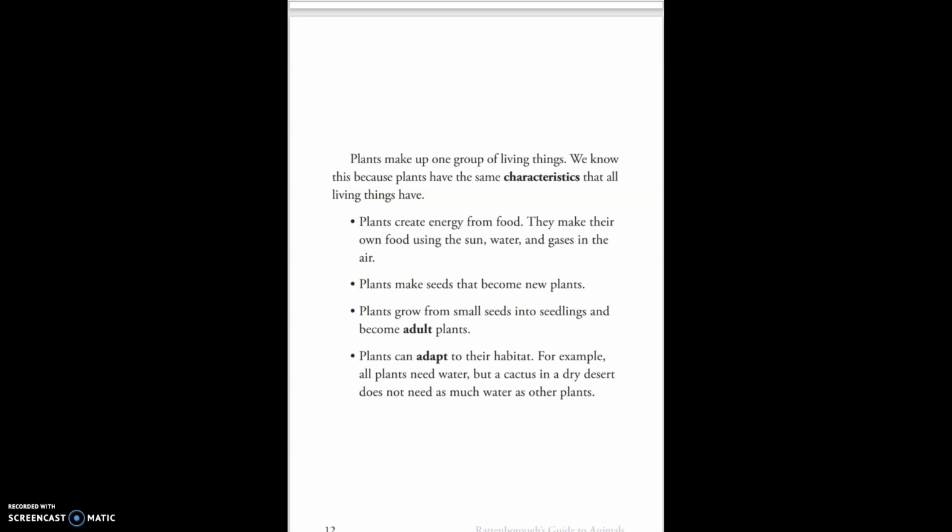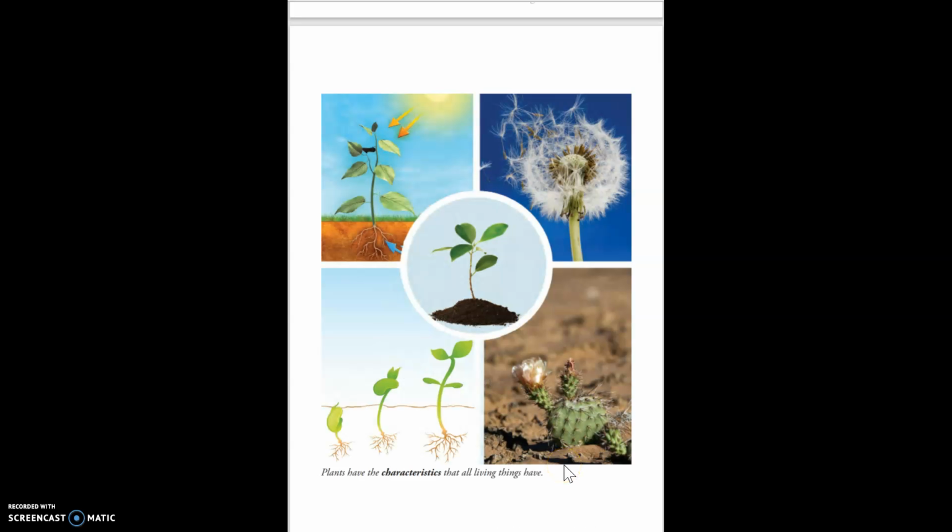Plants make seeds that become new plants. Plants grow from small seeds into seedlings and become adult plants. Plants can adapt to their habitat. For example, all plants need water, but a cactus in a dry desert does not need as much water as other plants. Here's the illustration to show that plants have the characteristics that all living things have.